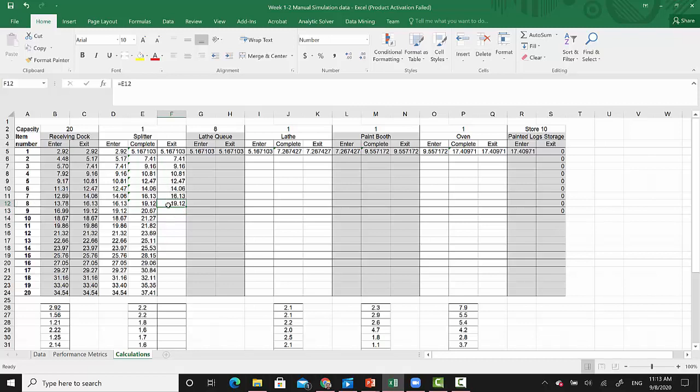Up to the 8th item, they can just exit the splitter and go to the lace queue, because the system starts empty and the lace queue has 8 capacity, so all 8 can just go there. What about starting from the 9th? Can it enter? Maybe or maybe not. So how do you think about this part?